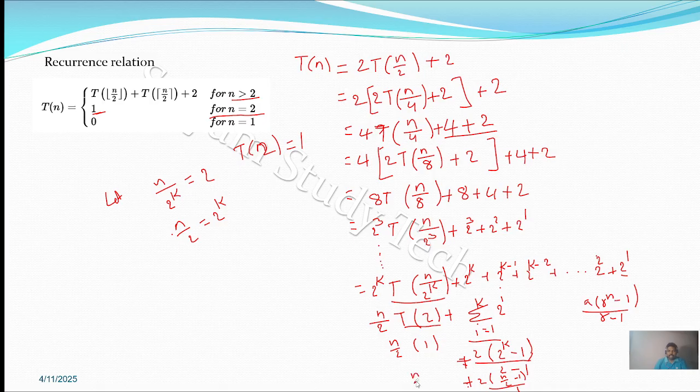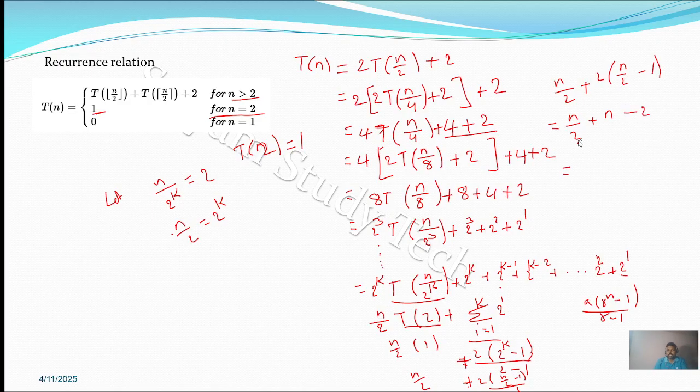So here it is n/2. Now we can see n/2 plus 2 into n/2 minus 1. So that is equal to n/2 plus 2 into n/2, that is n, minus 2.